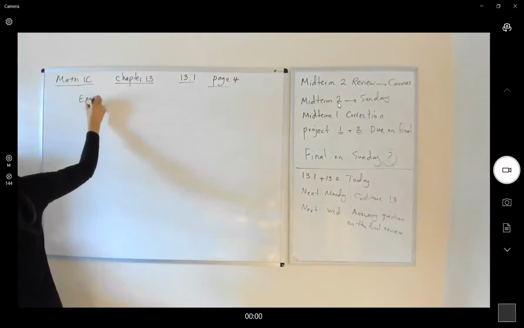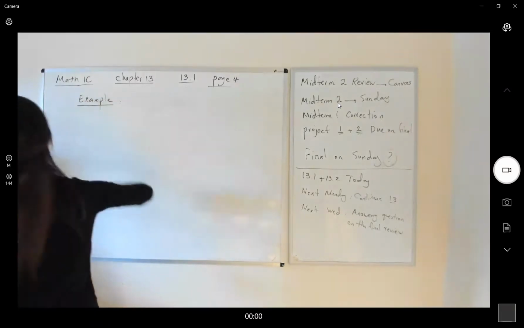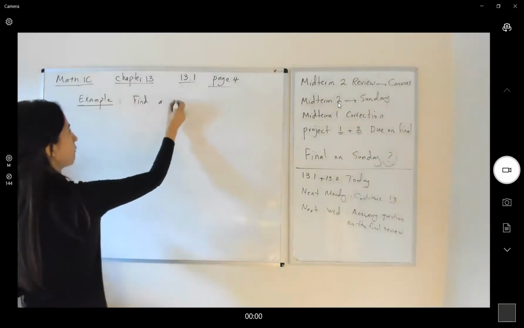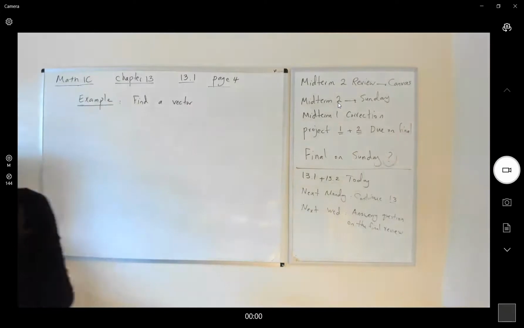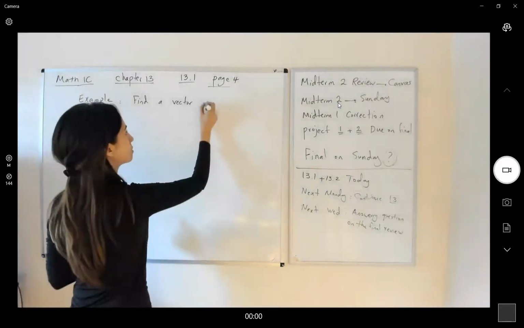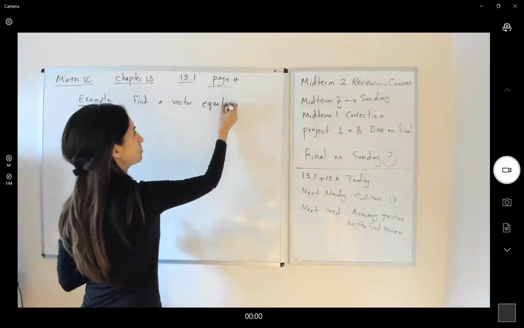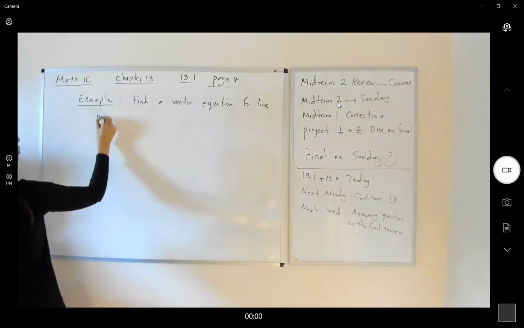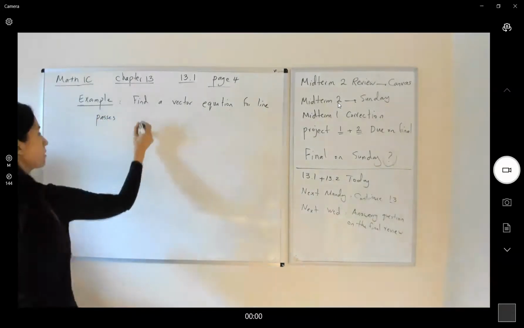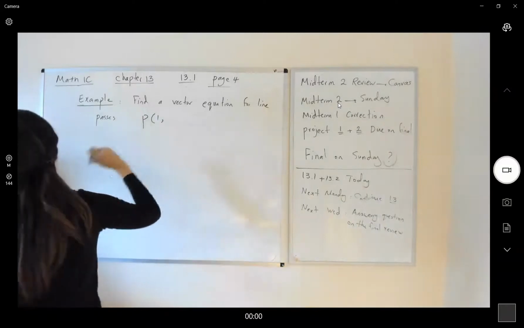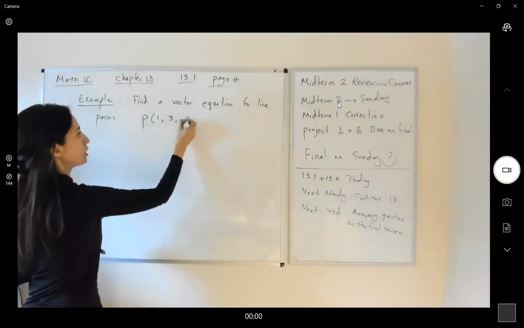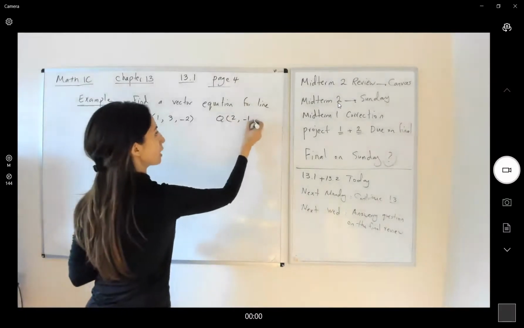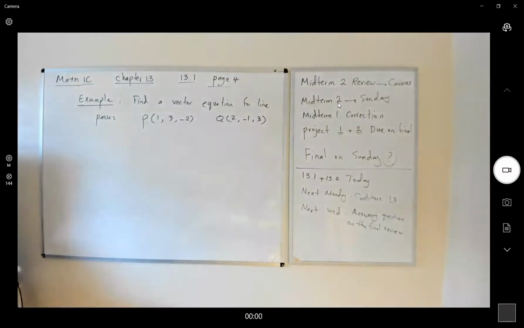Question says, you have 2 points, find a vector equation or vector function for the line passing through these 2 points. The first point P is 1, 3, and minus 2, the second point is 2, negative 1, and 3.